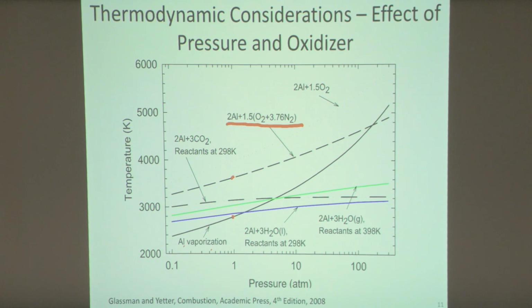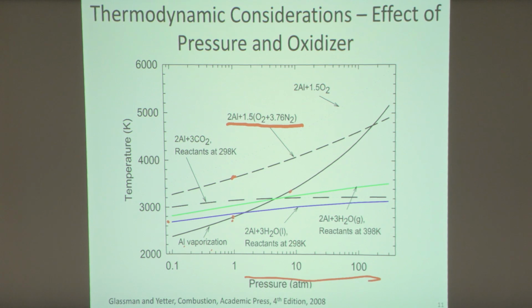So you can see the aluminum flame temperature is like 3,600, and the vaporization temperature of the aluminum itself is like 2,700. So I'm going to have heat feedback from the gas phase flame that's vaporizing the aluminum, and much like a hydrocarbon droplet, the aluminum is going to vaporize and diffuse outward. But notice what happens as I go to higher pressures.